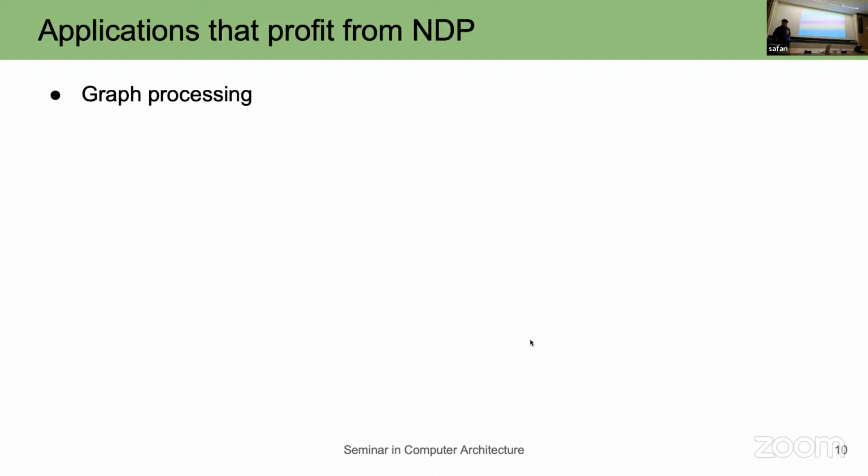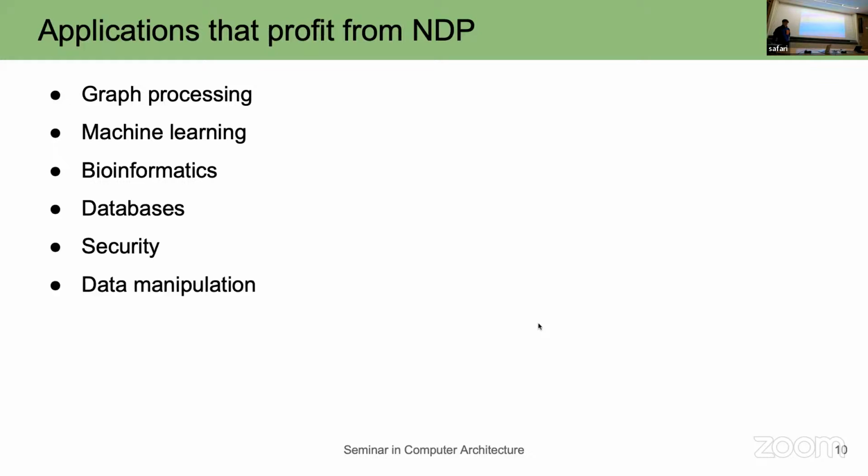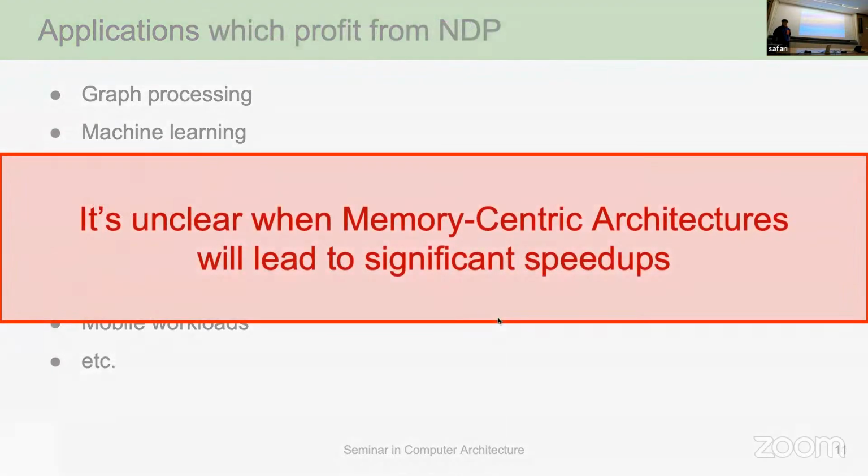It has been shown that there are applications which profit from NDP systems, which include graph processing, machine learning, bioinformatics, databases, security, data manipulation, mobile workloads, etc. But it is unclear when memory-centric architectures will lead to significant speedup over CPU systems.